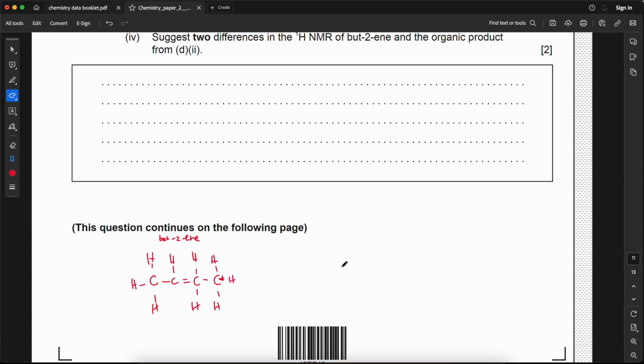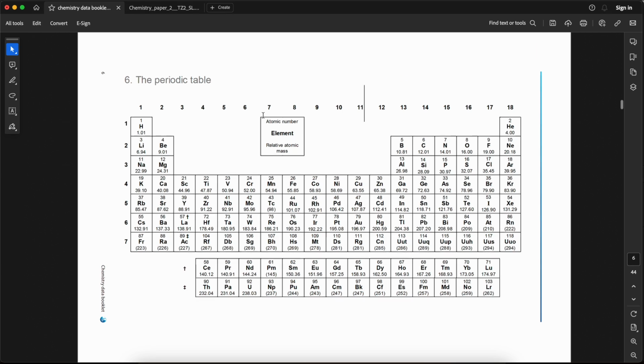And then we have the product, which is now CH3, CHBr, CH2, CH3, which is 2-bromobutane. Okay, so we can refer to the HNMR in the data booklet.